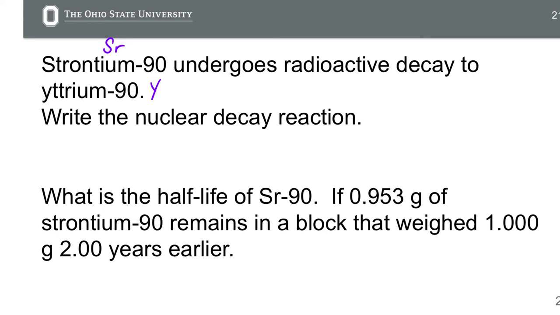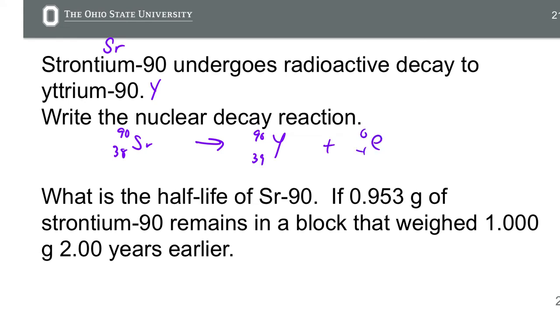All right. Everyone think they have an idea of what could happen? There are actually two possibilities. You could have strontium-90, which is 38, decay to yttrium-90, which is 39, by beta decay.